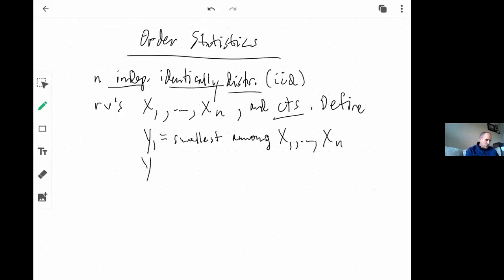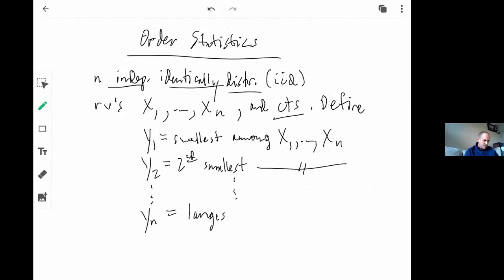Y2 is going to be the second smallest among these. Dot dot dot, all the way down to Yn, which is the nth smallest, which is kind of a dumb way of saying the largest. It's the largest among X1 through Xn.